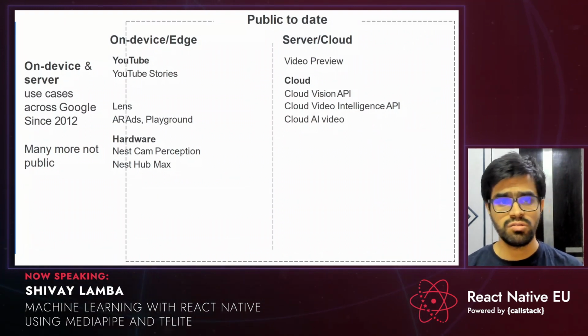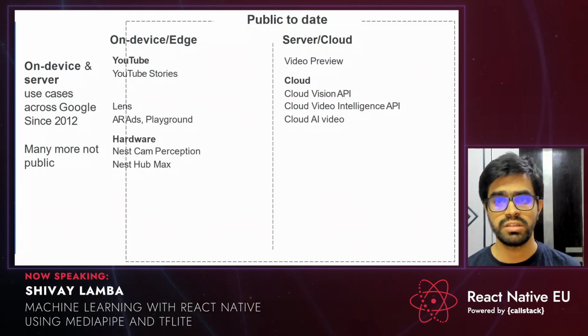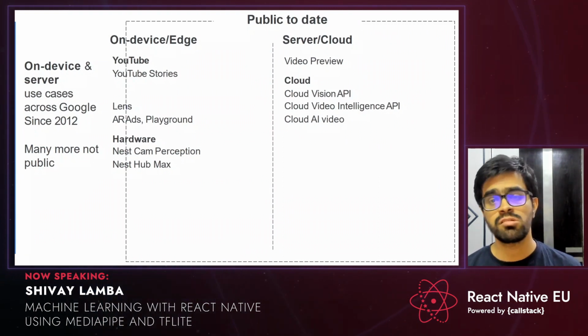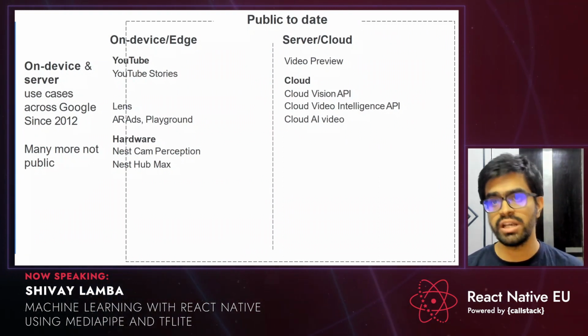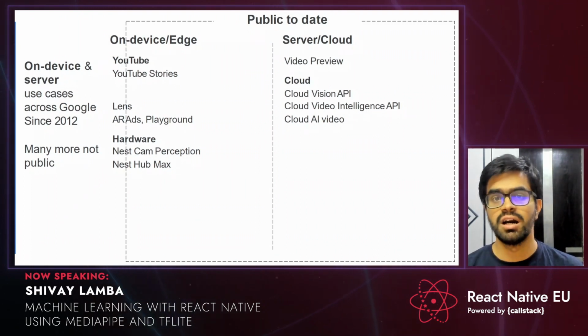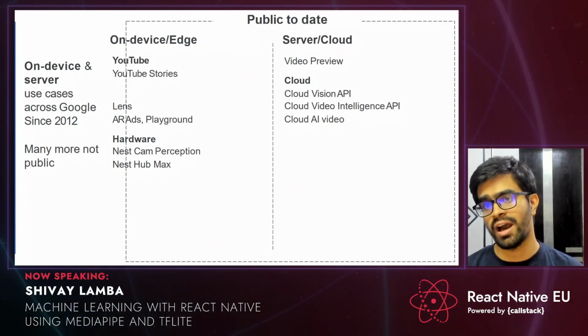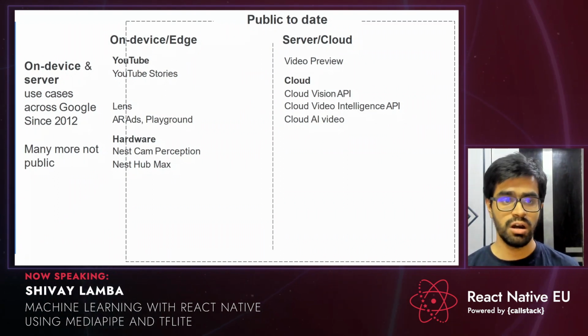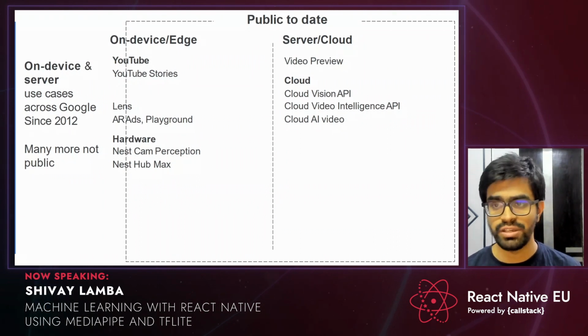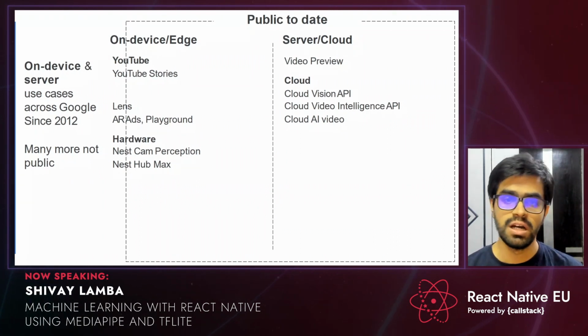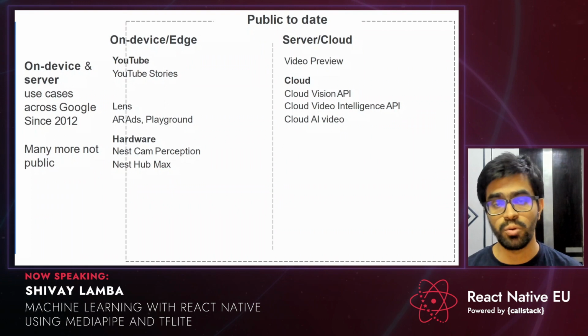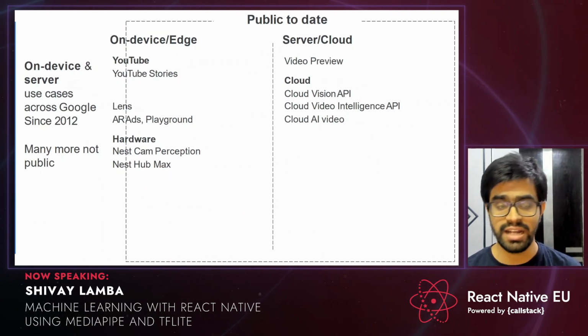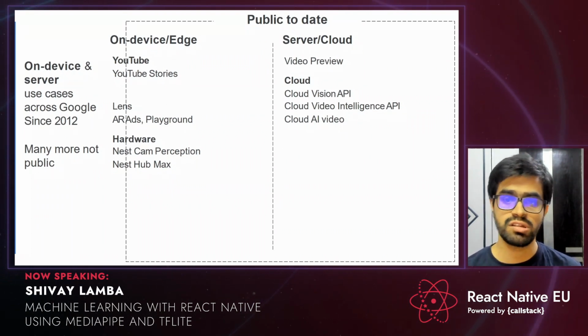Now, let's look at what are the current things that have been released, right? Of course, before it was released to the public, there was a lot of application of MediaPipe use cases within Google, ever since starting in 2012. It was being used a lot in YouTube whenever there's any kind of YouTube upload, for the processing in that, and it is also being used in YouTube Stories.